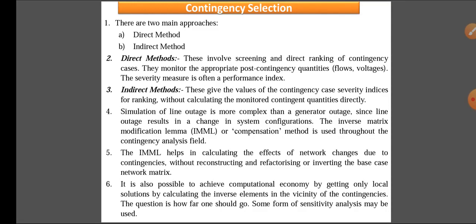Why are we taking the help of this inverse matrix modification lemma? Because it calculates the effects of network changes due to contingencies without refactorizing or inverting the base case matrix. That is why we take its help in calculating network quantity changes.